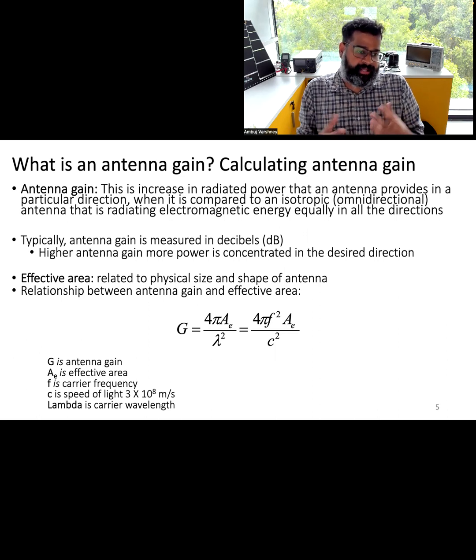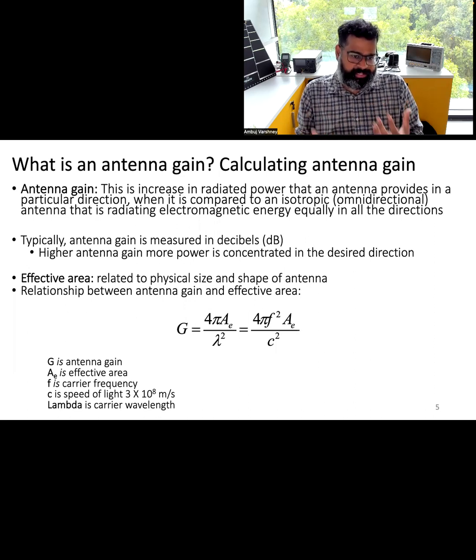So how do we actually calculate and estimate the antenna gain? It can be estimated using the formula that we present on the slide, and it's a relationship between the gain of the antenna, its physical size and shape, which is captured in a term called effective area, and the frequency or the wavelength of the radio waves for which the antenna is designed.